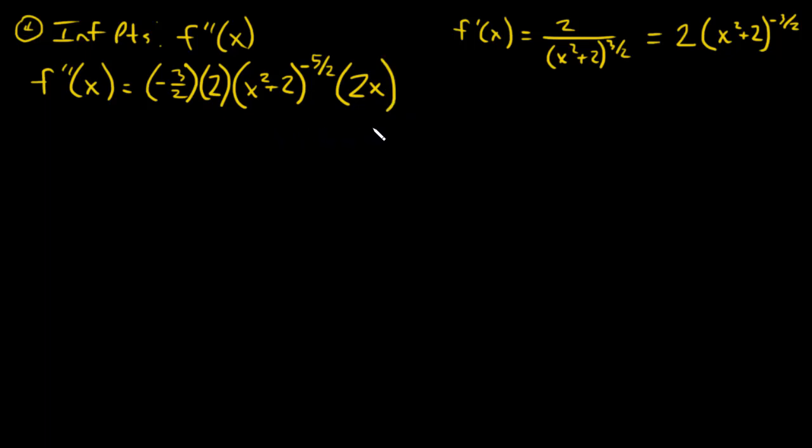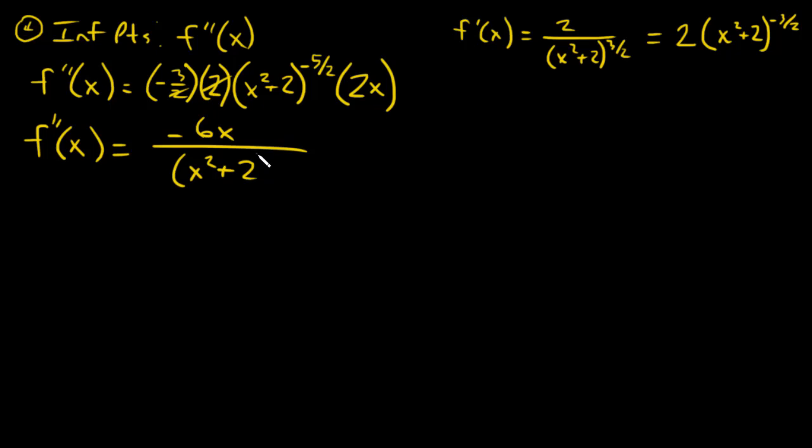Okay? So this factor right here, the x squared plus 2, is going to be in the bottom, but everything else is on the top. So I can simplify this. Those 2's cancel. I have negative 3 times 2x, so f double prime of x is negative 6x over x squared plus 2 to the 5/2 power, just like that.